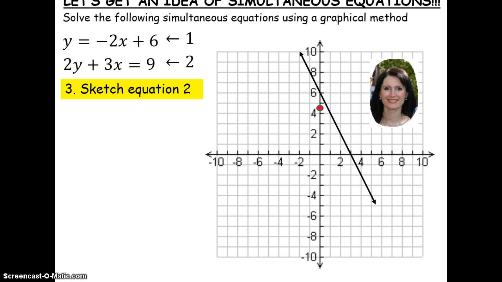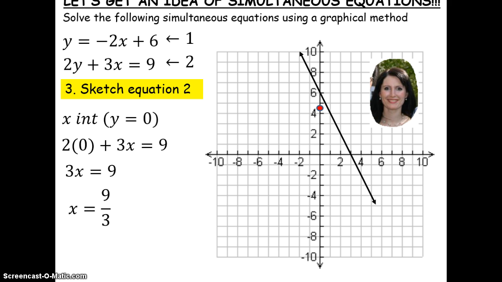Let's now find the x-intercept. That's when y equals 0. 2 times 0 plus 3x equals 9. 3x equals 9 and x equals 9 on 3, which is 3. Our point is 3, 0. I draw my line through and there we go.